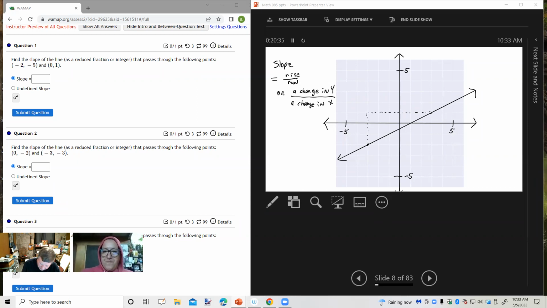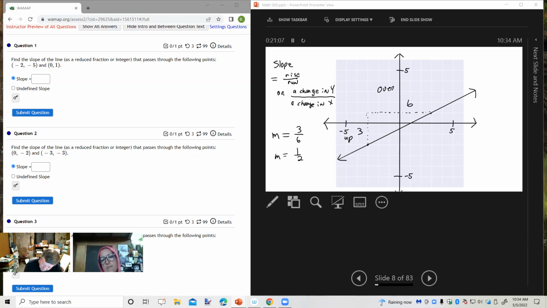And we can see that it goes up 3 units and over to the right 1, 2, 3, 4, 5, 6. Okay, so the slope, and by the way, I don't know why, but the letter M is used to stand for slope. The slope is up 3 and over to the right 6. We can reduce this fraction, so we would say the slope is 1/2.